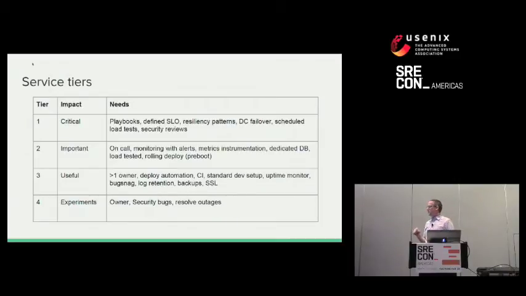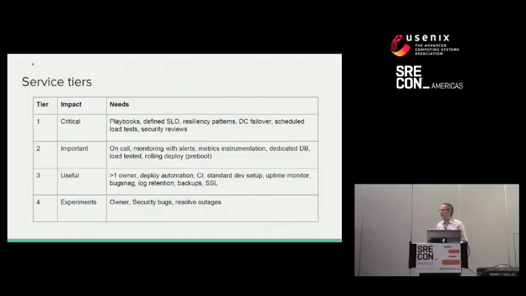And we intentionally said, for the very lowest tier, we really want to enable people to move fast and experiment with things that aren't customer facing. So for the very bottom tier of service, all we really care about is: does it have an owner? Does it resolve security bugs? And if it goes down, does somebody eventually bring it back up? That's it. We try to keep the bar really, really low.